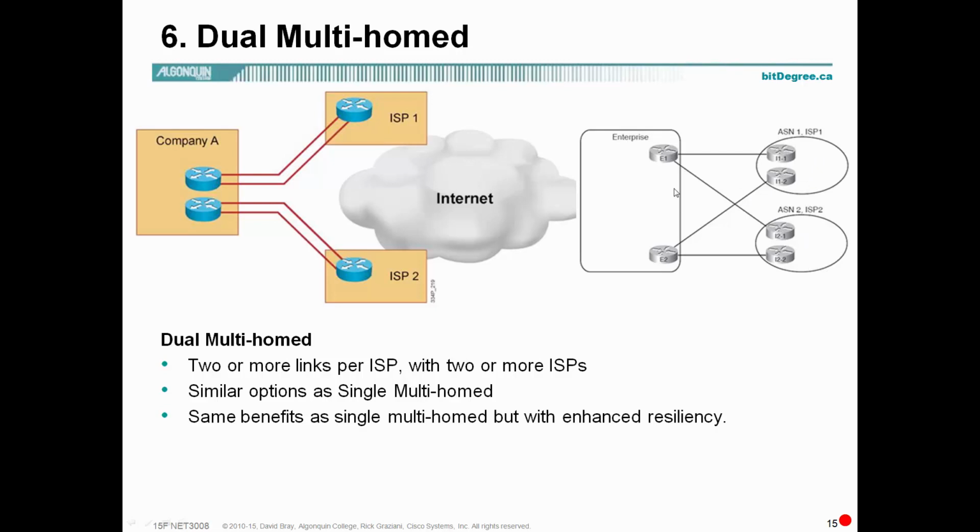So this gives us quite a bit of failover, because not only can we now load balance across 2 devices at the customer end, but each one of those is not dependent on any single provider. So we've got 2 providers on each of our CE. And of course, if we can convince the provider to also use different devices on the other end, then we've enhanced again our fault tolerance.